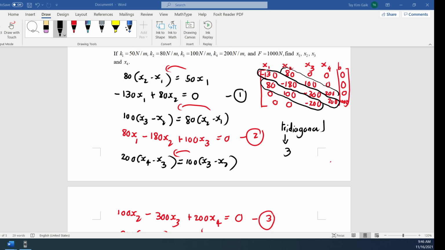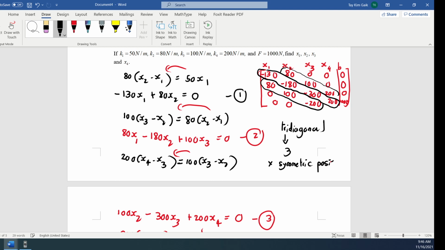And then you see on the diagonal you have a negative value. Even this, 80 and 80 are symmetric, 100 and 100 symmetric. But this is positive 100, this is negative 200, so it's not symmetric.